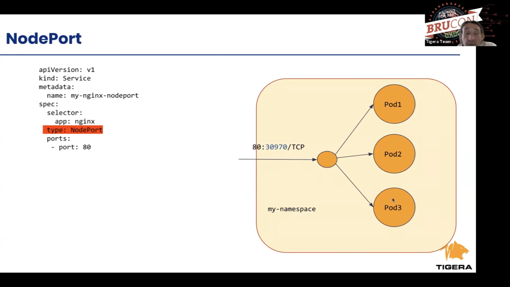So the main difference is, once you specify type NodePort, that kube-proxy will make sure that on all the IP addresses of that node a port is exposed. 30970 is just the example and the number that came up when I did it.